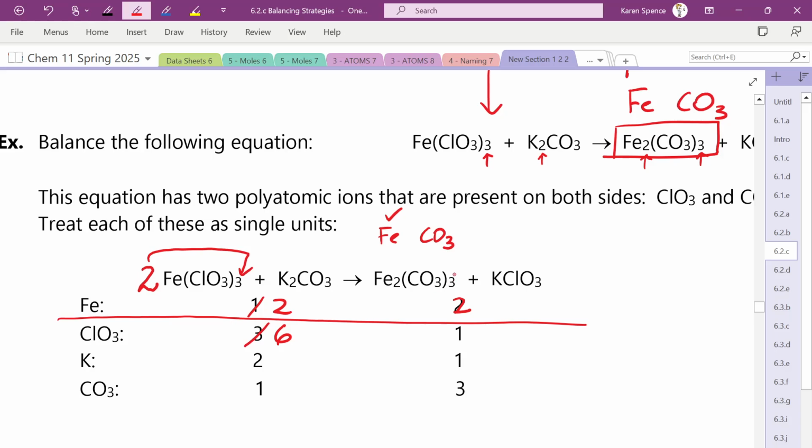I need 3 carbonates, so let's put a 3 here. That changes that to a 3, but it also gives me 6 potassiums. And lucky for me, if I put a 6 in front of potassium chlorate, that gives me a 6 and a 6, and now everybody is equal. Okay?